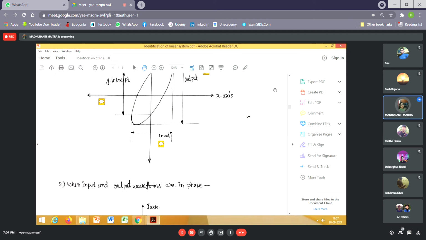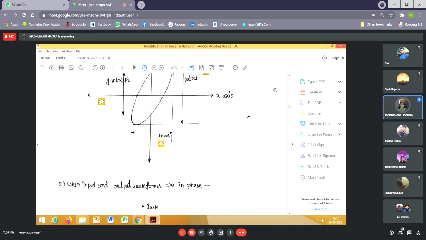So for 50 hertz, the value of 2C is 0.12. Note down. For 100, shall I tell 2C and 2B together? Okay, ma'am.